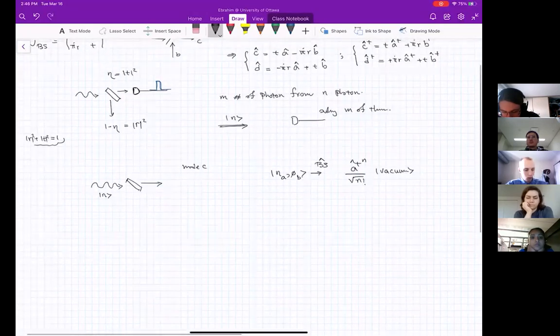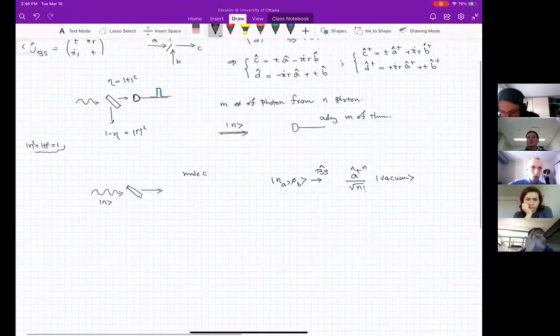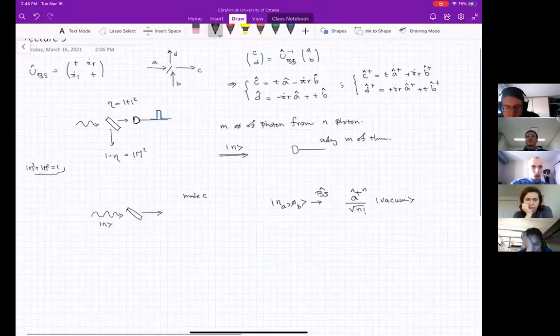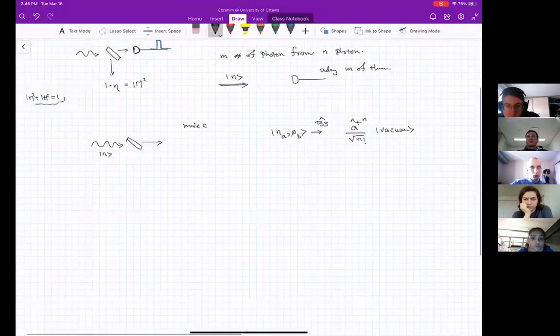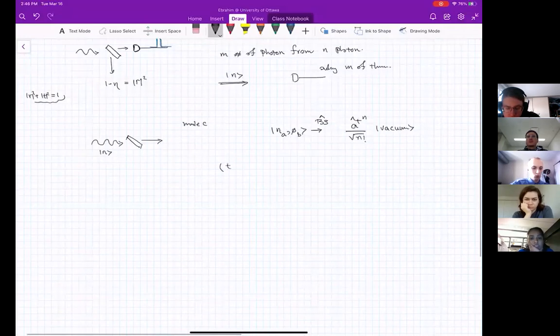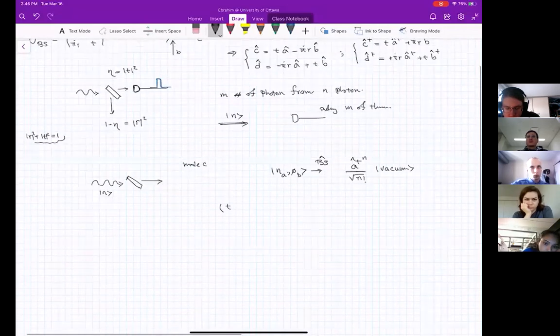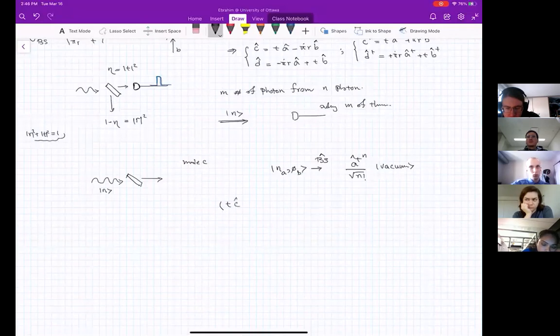Then A dagger will be replaced by a T C dagger, essentially, IR D dagger, to the power of n divided by n factorial. This was how we link the input to the output creation operator.